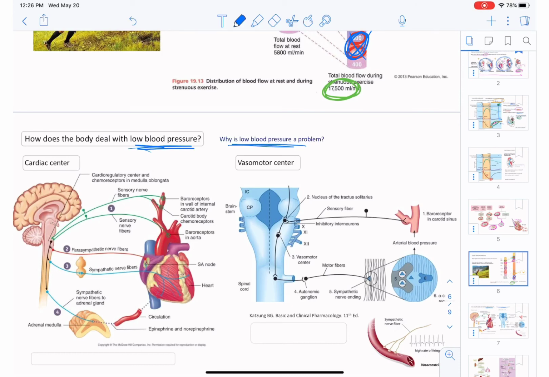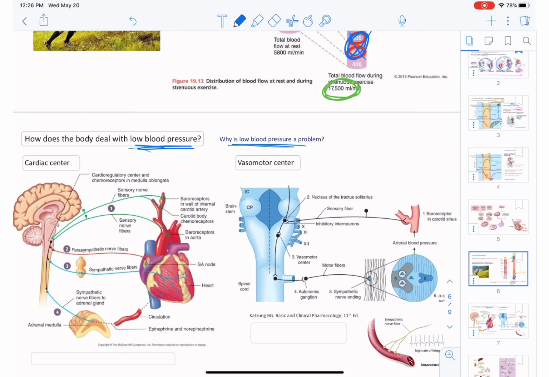Well, for blood to move through the blood vessels, move through the cardiovascular system, there has to be pressure. It's pressure that drives the movement of blood through the blood vessels. And if blood pressure is too low, then we're not going to have enough blood circulating through the vessels.